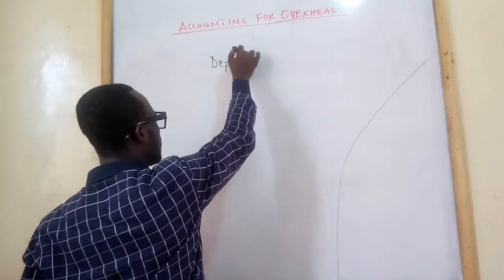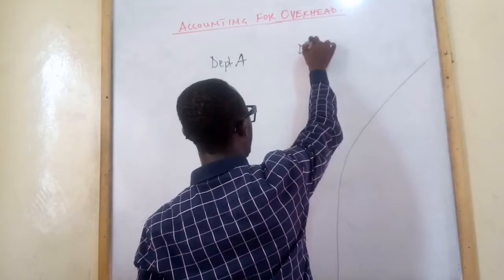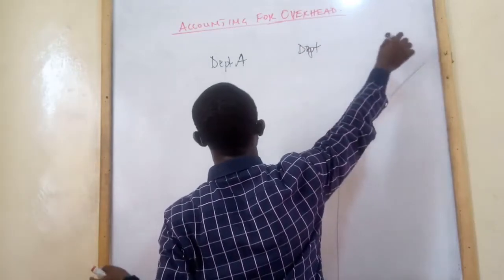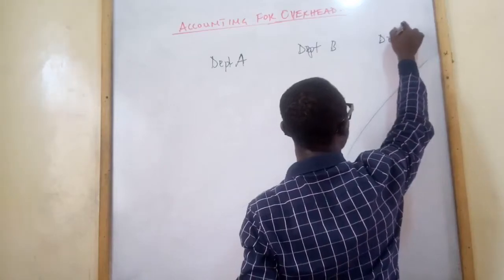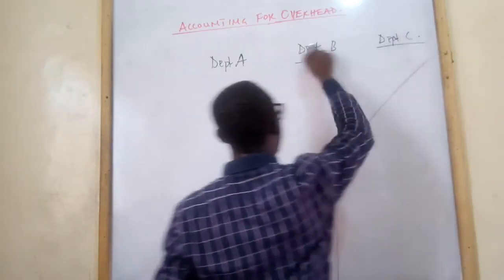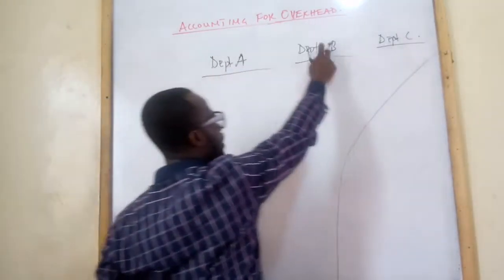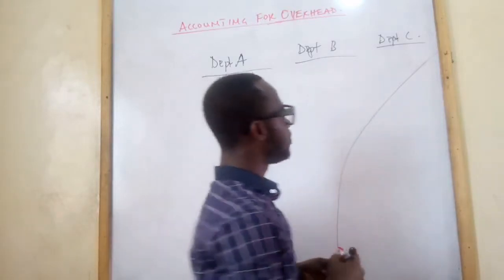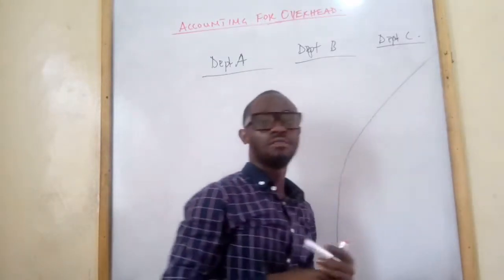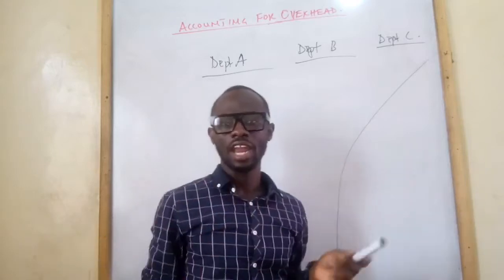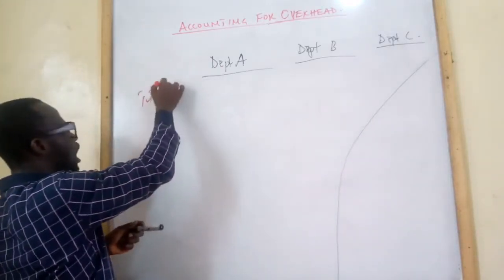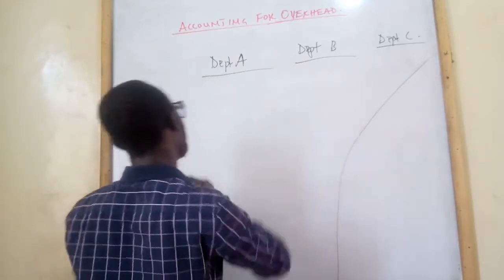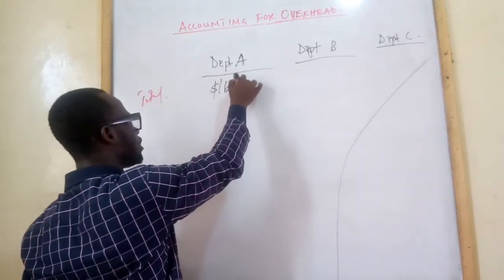So department A and department B. And then they have a department C. Now department A and B are the production departments, and department C is the service department. So at the end of the day, after apportioning all the overheads, the total of the overheads for department A, let's say it's $160,000.